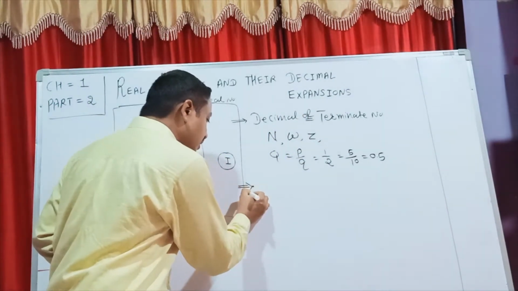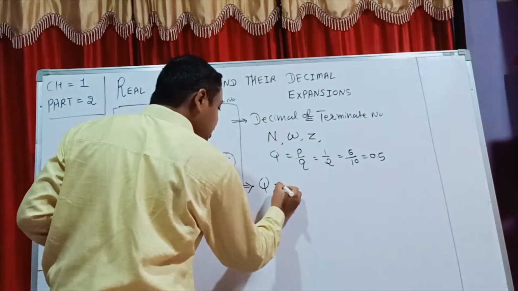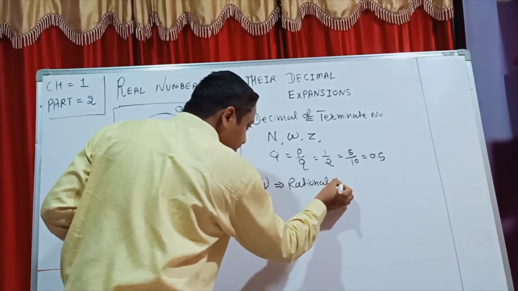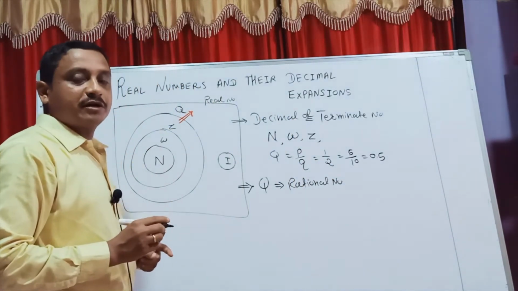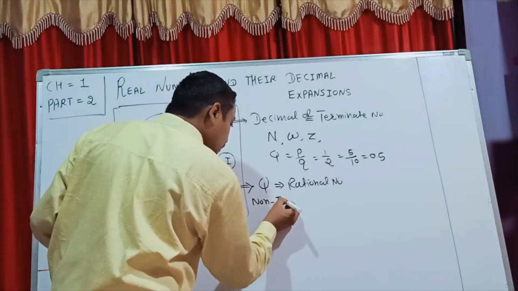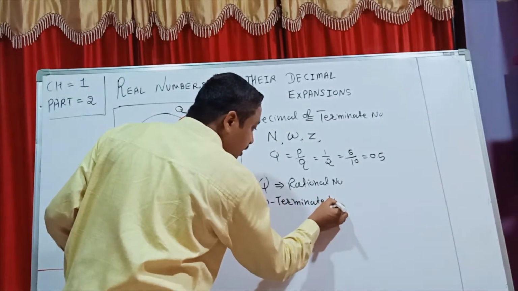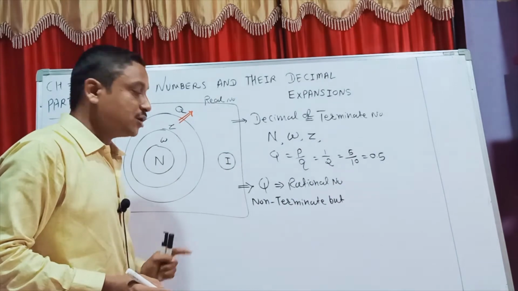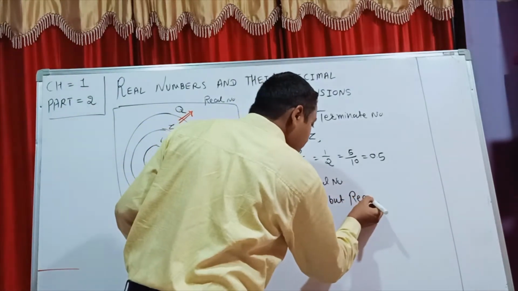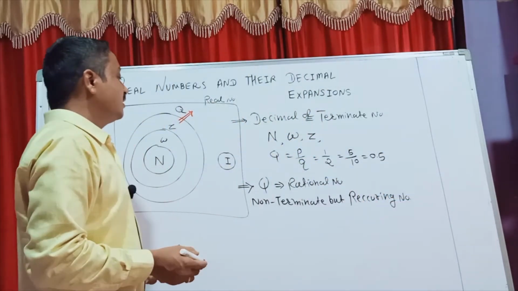Negative is also possible there. So these decimal numbers are always terminating. There is one more kind of number in Q also. In Q, for rational numbers, decimal is sure, but other numbers are also available, non-terminating but recurring numbers. That type of number is also available in the Q form.